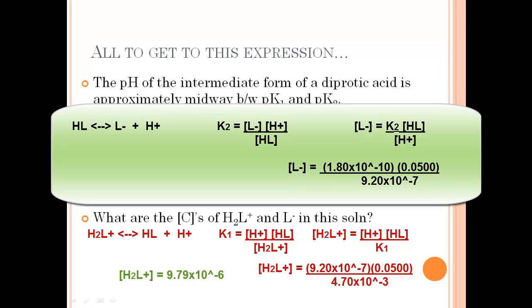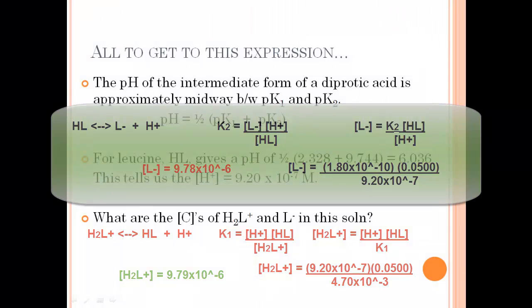If we solve for L minus, then you would get K2 times HL over H plus, of course using 0.0500 again for the concentration of HL, using the K2 that you know for leucine, and using what you calculated for H plus, 9.20 times 10 to the negative 7. Multiply and divide all that out, and you'll get 9.78 times 10 to the negative 6 molar for the concentration of L minus. So that's how you deal with the intermediate form of an amphiprotic molecule.